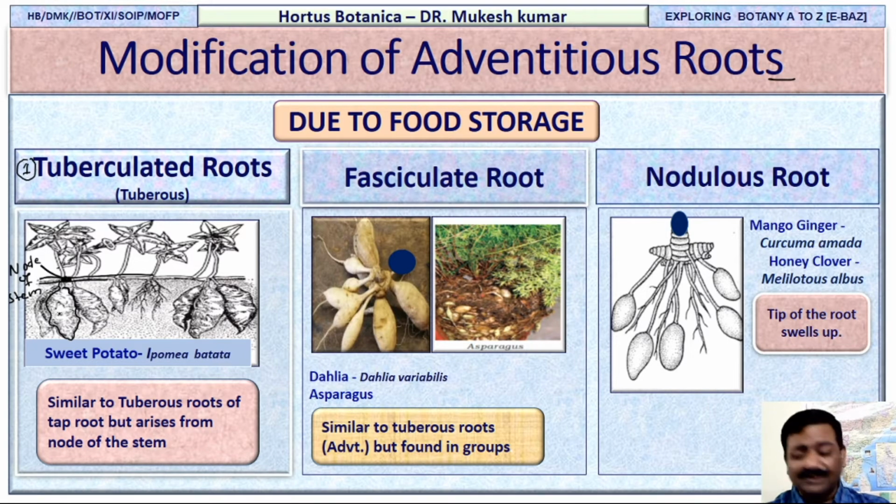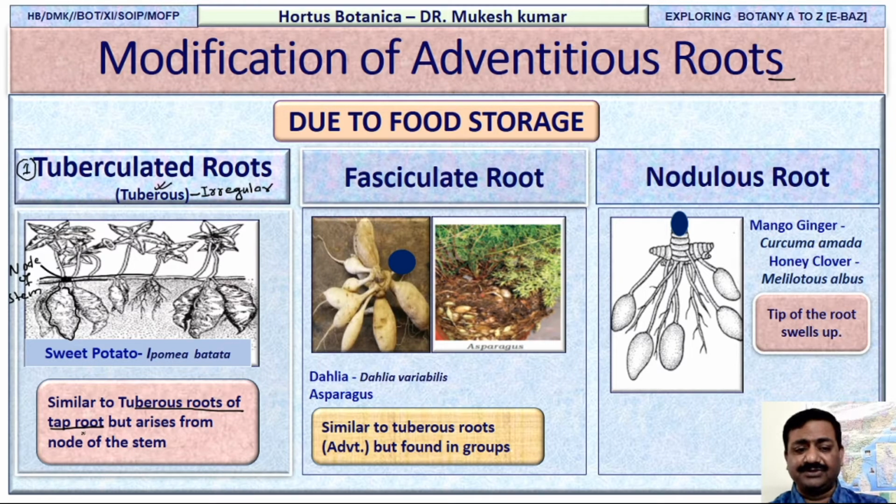Not very particular structure is there. Irregular structure is there. Since it is irregular, that's why it is called tuberous, isn't it? So fine, what we have important information. It is similar to tuberous root of taproot, exactly. Their structure is similar.